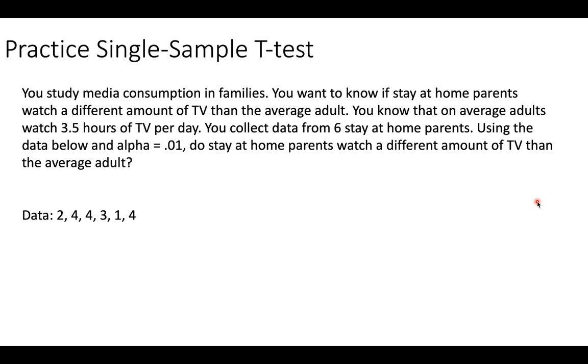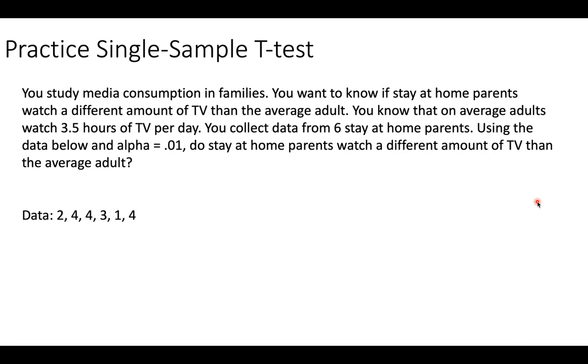Okay, so let's do another practice problem. What I actually want you to do is, again, hit pause, and see if you can go through this entire problem all by yourself, and then come back and check on your answers. So remember, you're going to need to define your hypotheses. You're going to need to calculate your standard deviation of your sample. You're going to need to then calculate your t-value.